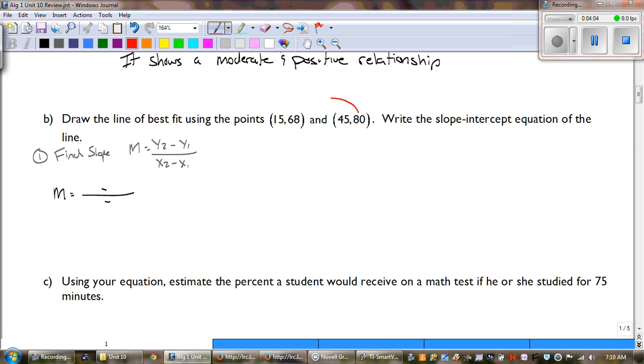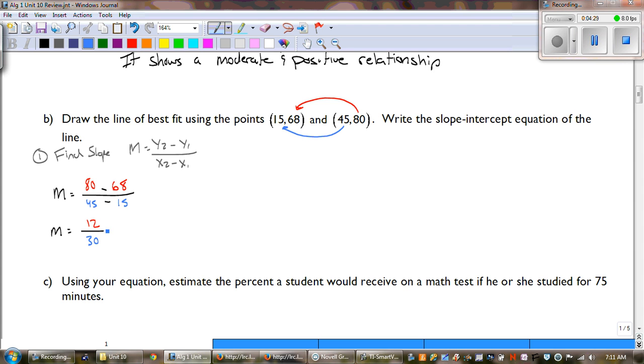Okay, so remember that your y's go on the top, 80 and 68, and then 45 and 15. All right, what do you get for the top? 12, and the bottom is 30.